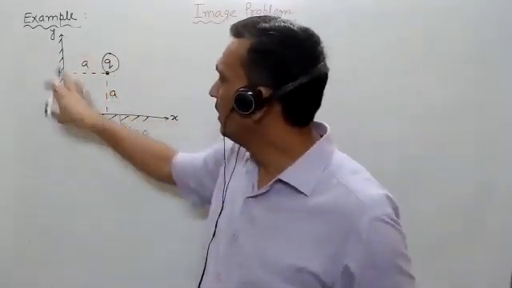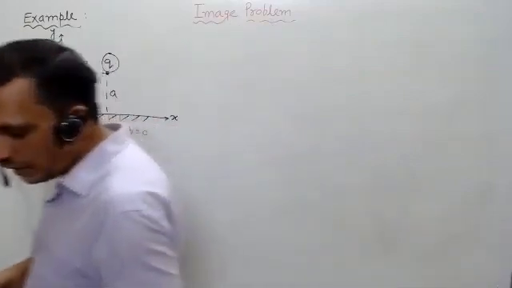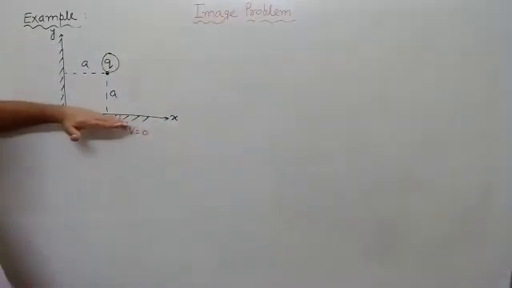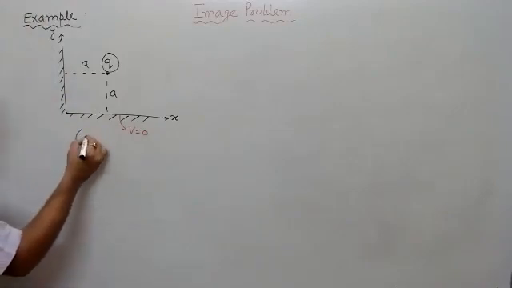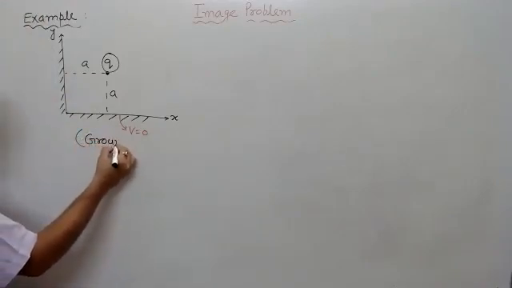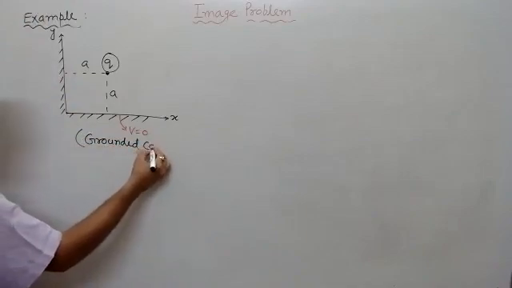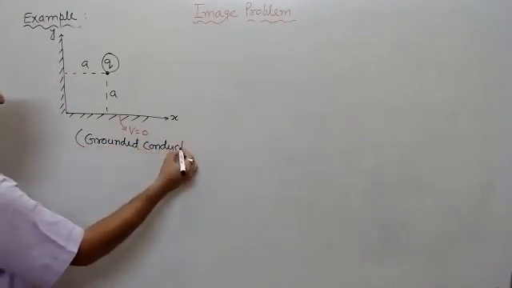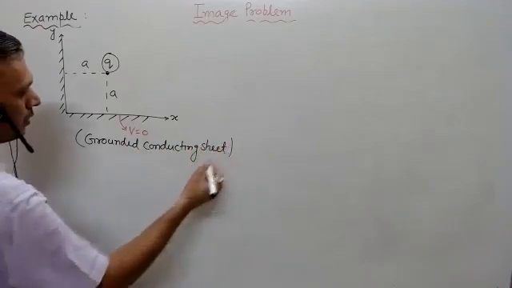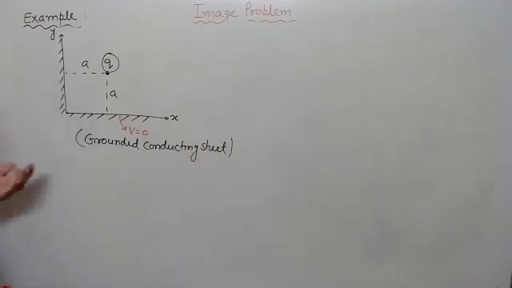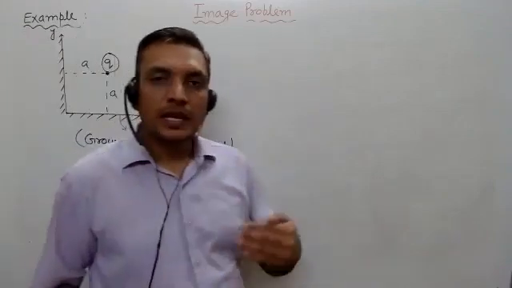These are the grounded conducting sheets and they are placed perpendicular. Again, we have to draw its equivalent problem.